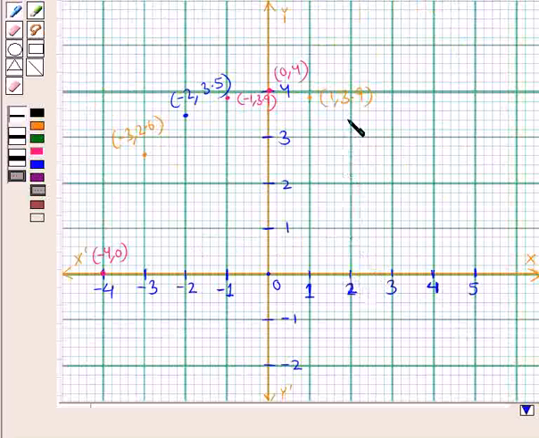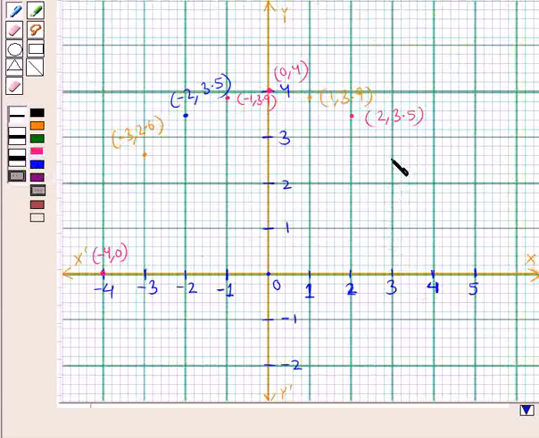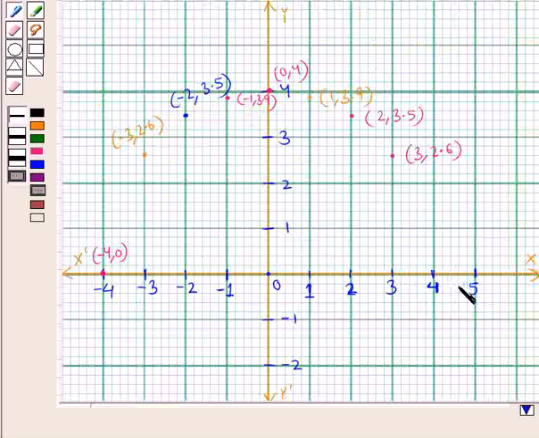So this point represents the point with coordinates 2, 3.5. Next point to be plotted is 3, 2.6. So this point is 3, 2.6. Then we have the point 4, 0. So this is the point 4, 0.